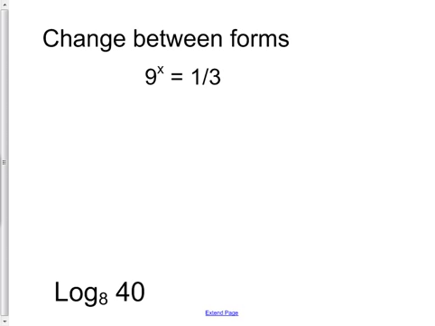Okay, so the first thing you want to do is say log base 9 of 1/3 equals x. Notice we go from here over to here and then back over to here.